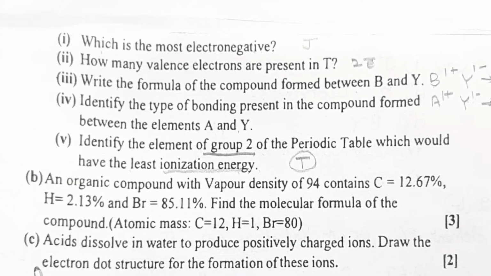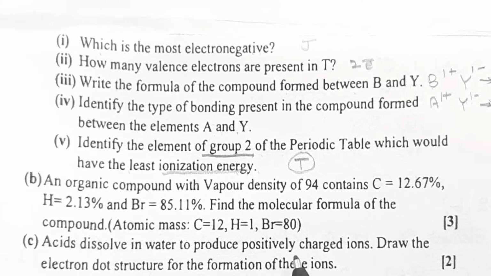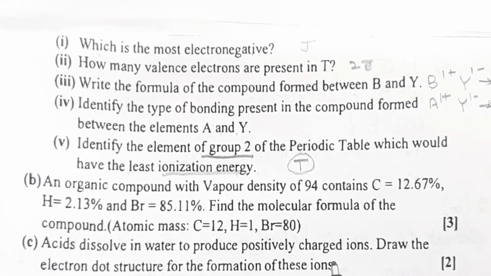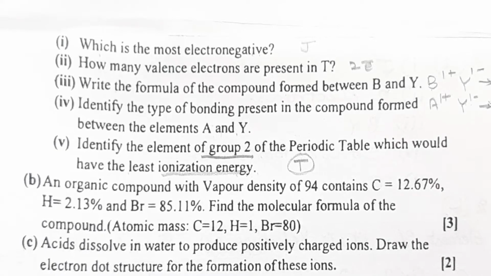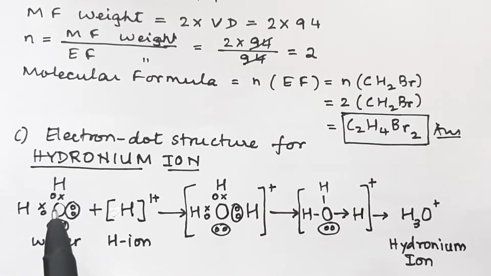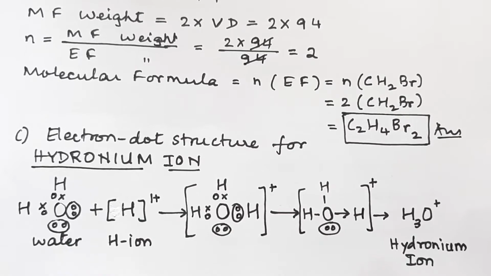Okay? Question 2C. Acids dissolve in water to produce positively charged ion. Draw the electron dot structure for the formation of these ions. These are the hydronium ions, and you should know the diagram for this by heart. Okay? We show water like so, with oxygen with its 1, 2, 3, 4, 5, 6 electrons, which are shown with the small round.